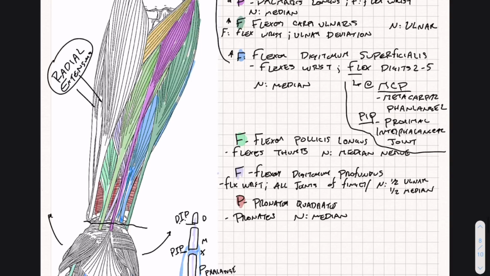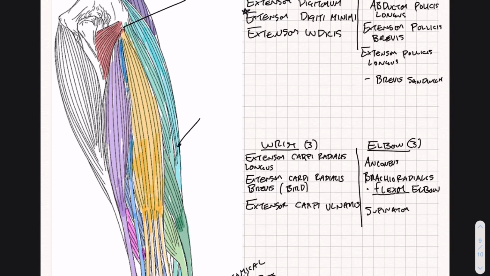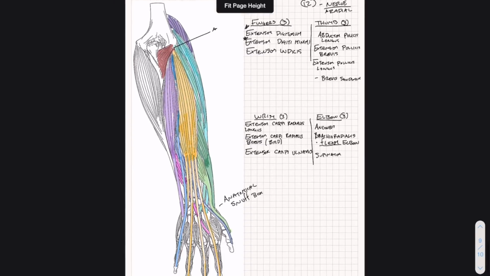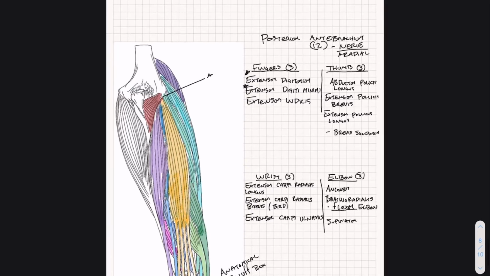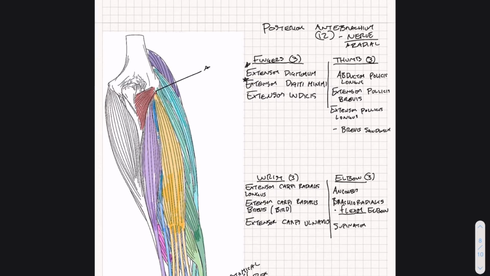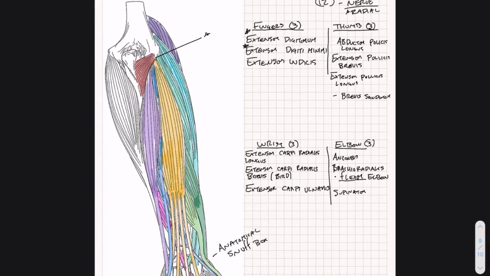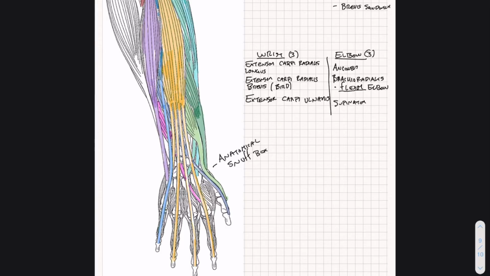So those ones are what we're seeing over here. So that's kind of what we're seeing on those views. Hopefully that makes sense. So that's the best way I found to know these posterior brachials. You have 3 fingers, 3 thumbs, 3 wrists, and 3 elbows. And then you just kind of look at this picture. You can see the tendons, and you use your knowledge of how to name things and name them.